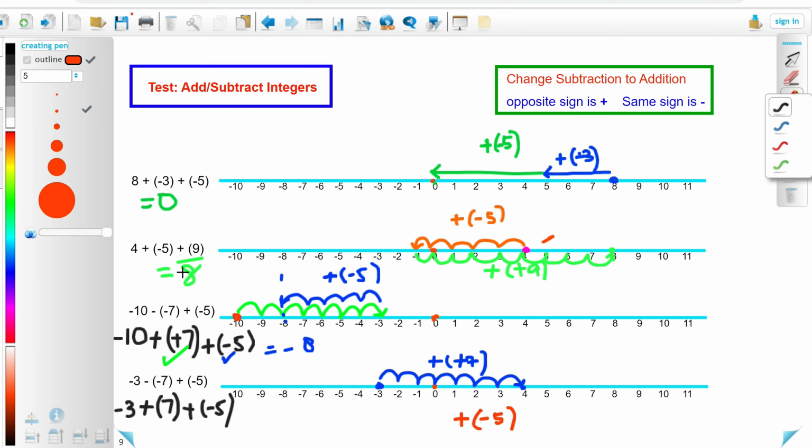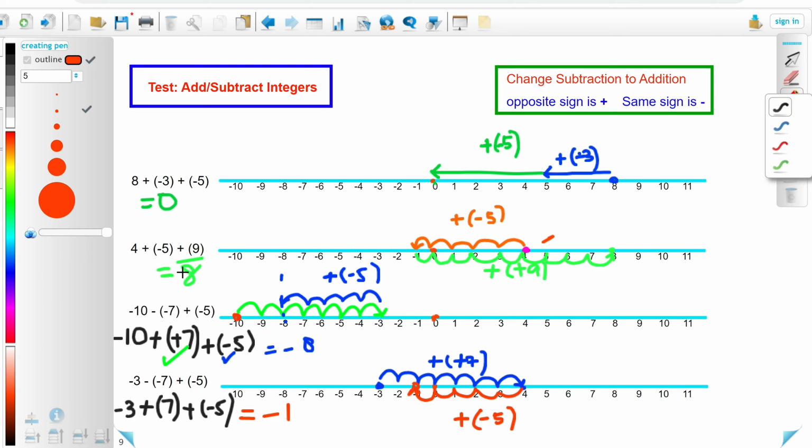Minus 5 means move left 5 units. We are already at 4, so we go 5 units: 1, 2, 3, 4, and 5. We reach minus 1, and that becomes our answer, minus 1. Is this clear to you? So that is how we need to add and subtract.